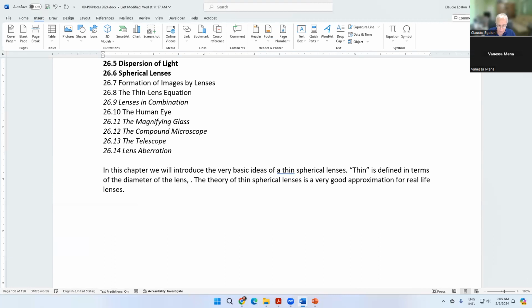So let's say a thin lens: the thickness of the lens must be much less than the diameter of the lens.